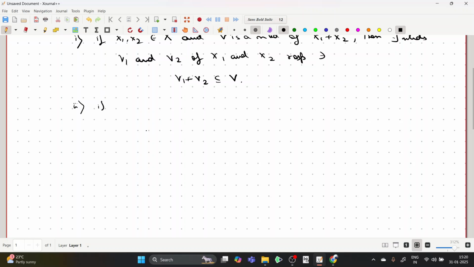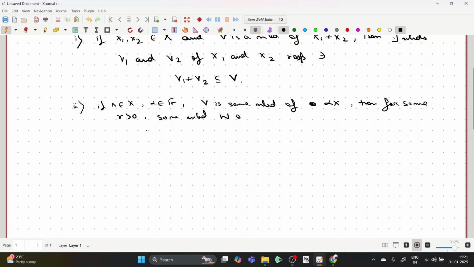So recall what we had said: if x is an element from capital X and alpha is a scalar value, and V is some neighborhood of alpha x (sorry, I need to take hold of the neighborhood in the codomain set), then for some r greater than 0 there is some neighborhood W of x such that beta W is completely contained in V whenever the modulus of beta minus alpha is less than r, right?